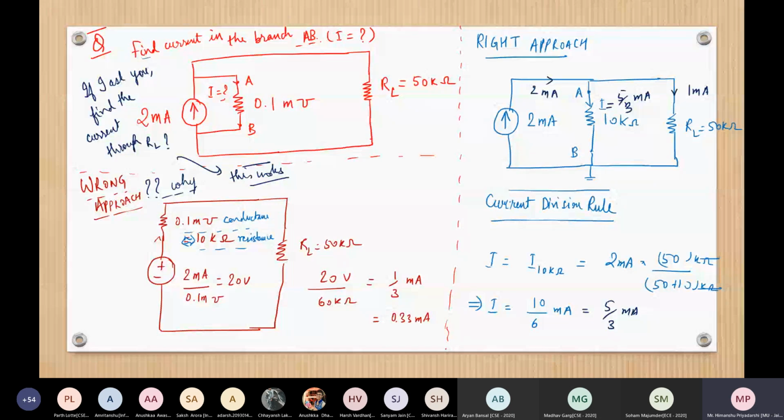See, listen carefully, my dear friends. You need more time, or you want to say something? I just want a doubt, sir. You just said that if you had asked the question to find the current through RL, then the one which we solved, which you wrote as wrong approach, would be correct. Yes.